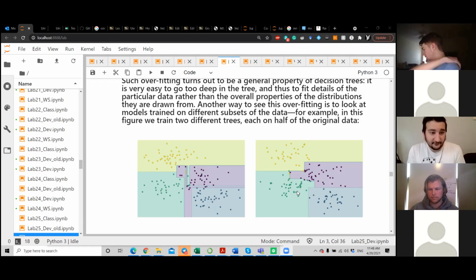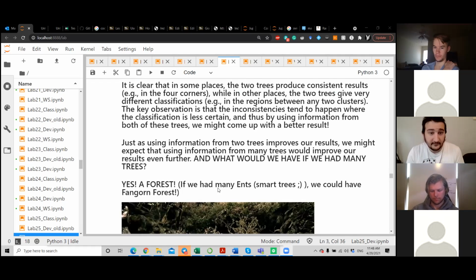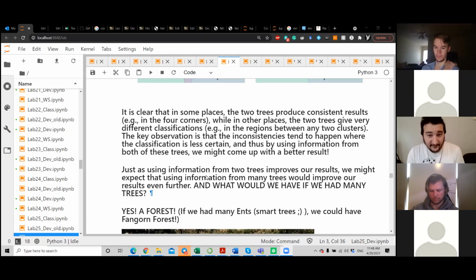Looking at more than one tree is beneficial because it allows you to identify the areas, the regions, and the zones that you are less confident about and the ones that you are more confident about. So, just as using information from 2 trees improves our results, we might expect that using information from many trees would improve our results even further.